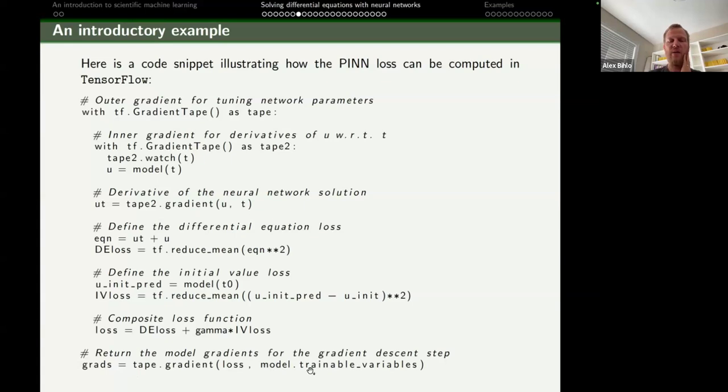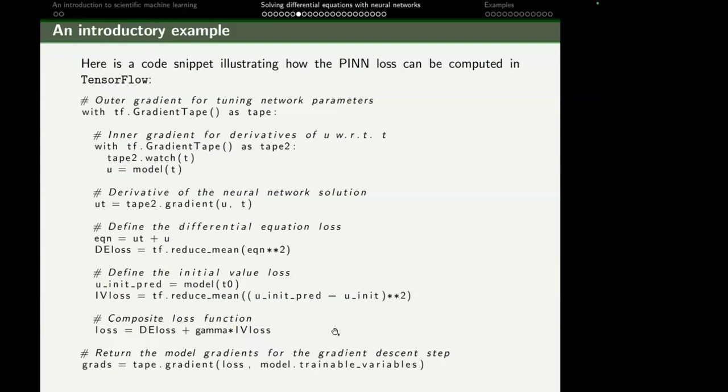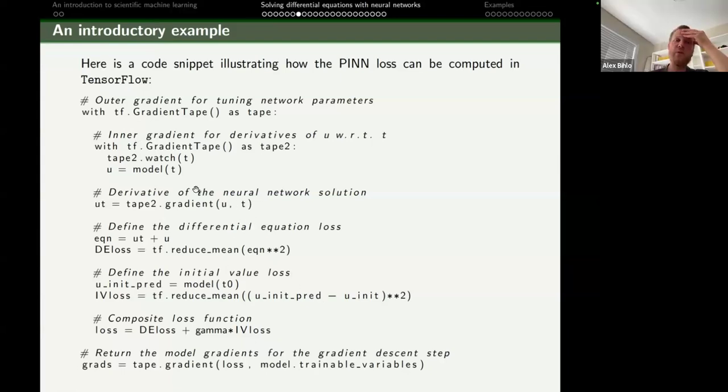Yes, because as you invoke the model itself, as you define a model in TensorFlow, the weights will automatically be watched. So trainable variables are automatically watched as you pass through the network. You're right, otherwise you would need a tape.watch on model.trainable_variables here, but TensorFlow takes care of this for you. Okay, that was the confusion. Thank you. Yes, it's a great question.